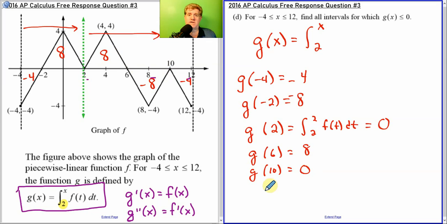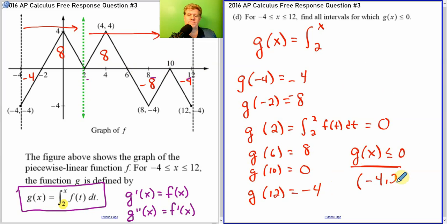I'm back at 0, which means g of 12 is under the axis. So it's negative 4. So hopefully you can see, when is g less than or equal to 0? On 2 intervals, from negative 4 to 2, and then starting at 10 and going to 12.